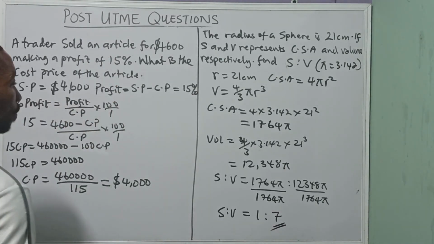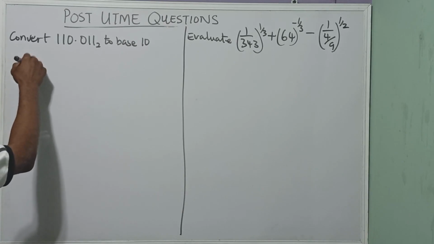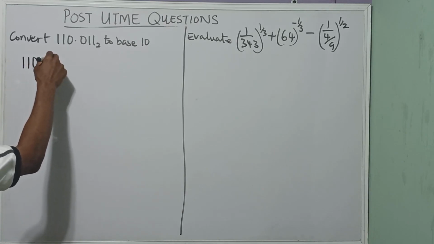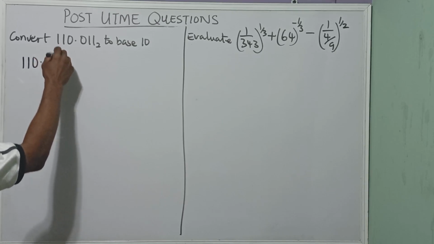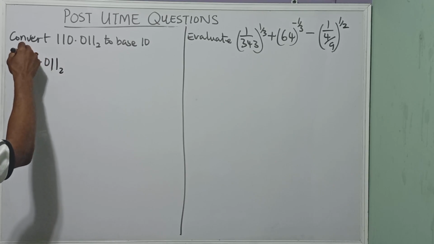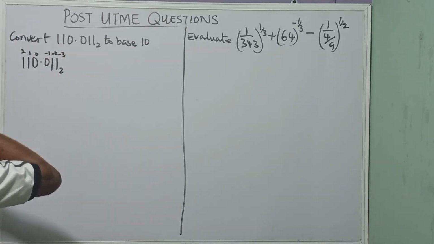Our next set of questions says convert 110.011 base 2 to base 10. Alright, now in converting this, we'll be using our expansion method. Zero, 1, 2, minus 1, minus 2, minus 3.